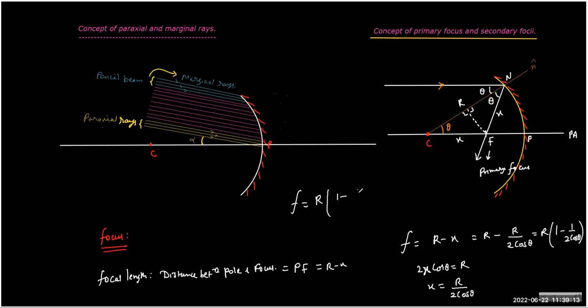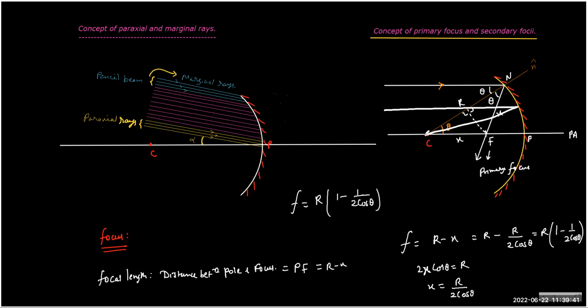Now the next question is, can we have a unique primary focus? The answer is no. Why? It depends on theta, and theta depends on where the light hits the mirror. Let's say I draw a light ray somewhere here. Now tell me, will this be a small angle or a big angle?